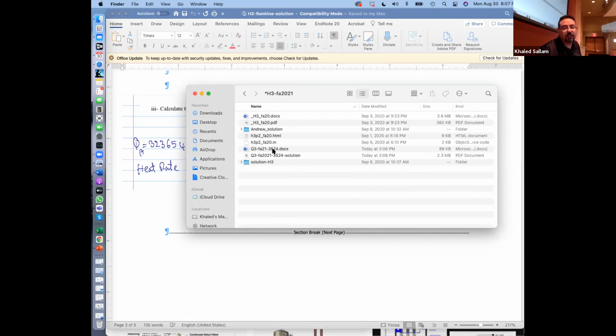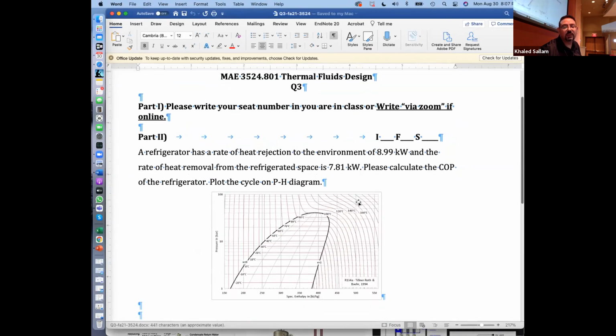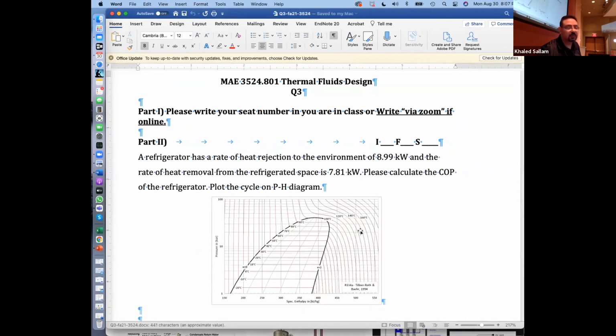And for the rest of the 20%, you're gonna solve this simple problem, which basically says you have a refrigerator that has this much QH and this much QL, and you want to calculate the COP and plot it on the PH diagram. How does it look in the PH diagram? Straight line, isentropic, go down, right? So a plot and calculating the COP of a refrigerator.